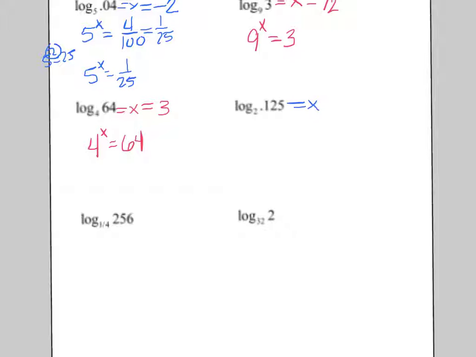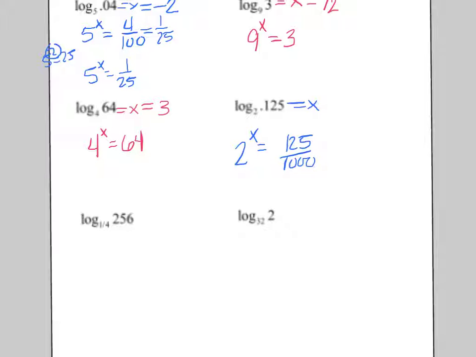Alright, make that equal to x. So 2 to the x equals 0.125. Once again, let's put that over 1,000 this time, right? So we got 125 over 1,000. And that can be simplified for sure. By what?